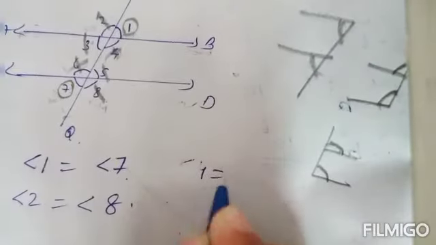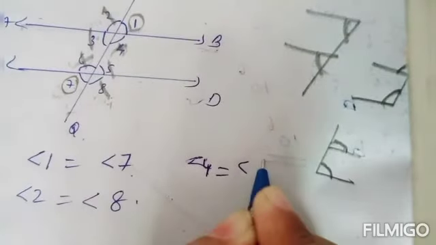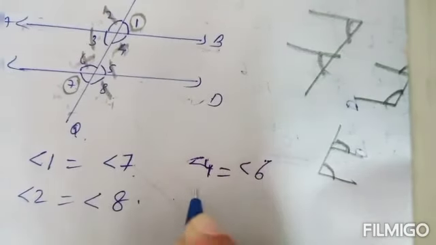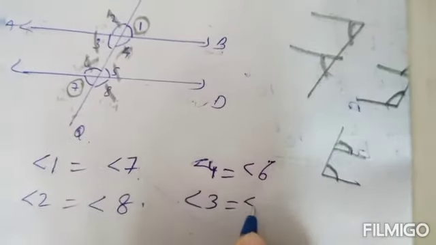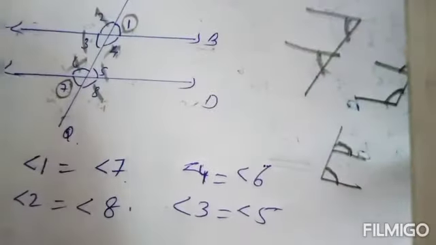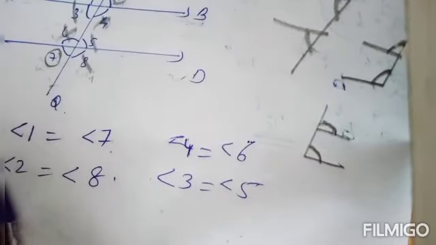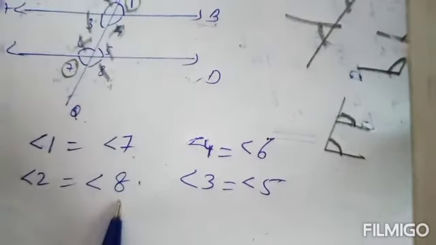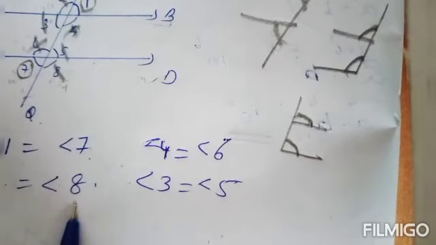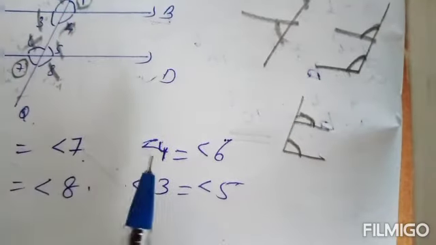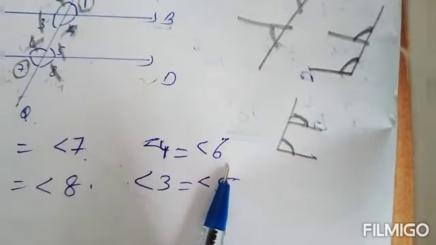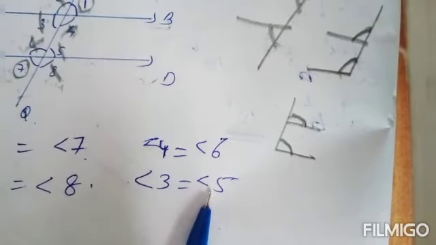Angle 4 will be equal to angle 6 and angle 3 will be equal to angle 5. So in case of parallel lines cut by a transversal, exterior alternate angles are equal: angle 1 equals angle 7 and angle 2 equals angle 8. And interior alternate angles are equal: angle 4 equals angle 6 and angle 3 equals angle 5.